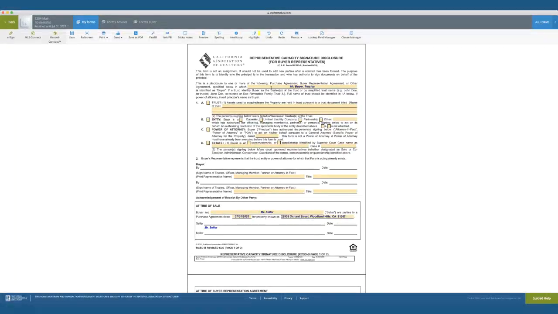So this is a disclosure that Mr. Buyer, trustee for the Mr. Buyer Trust, he is the trustee for the Mr. Buyer Trust, and it's going to be signed by Mr. Buyer, and his title is the trustee. So that's how you fill out this form.